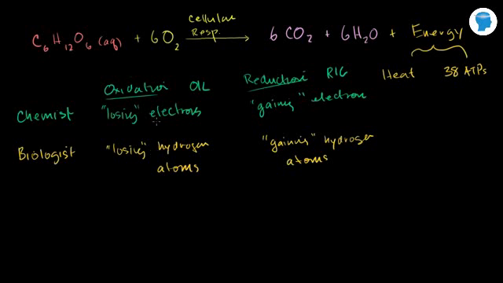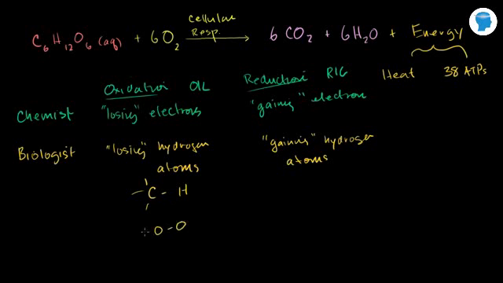And the reason why we said that these two ideas are consistent is because if I'm talking about a carbon, and a carbon is losing a hydrogen, let's say I have some compound that looks like this, maybe it's connected to a bunch of other things someplace else, and then I have a carbon that looks like that, and then I have an oxygen that's maybe bound to another oxygen.